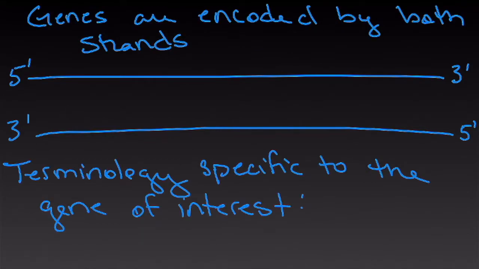Also recall that genes are encoded by both strands, and there's some terminology that is specific to the gene of interest. So the naming of the strands will change if the gene of interest is on the other strand. I'm going to note that.